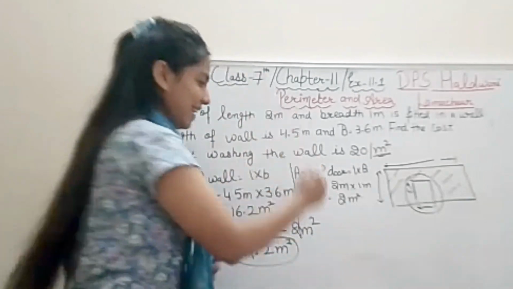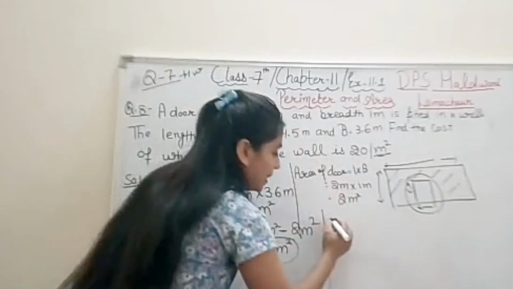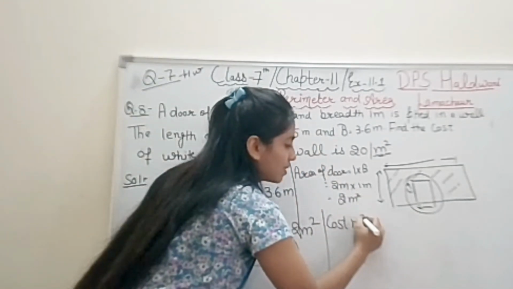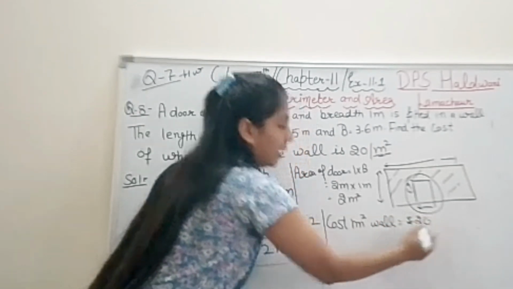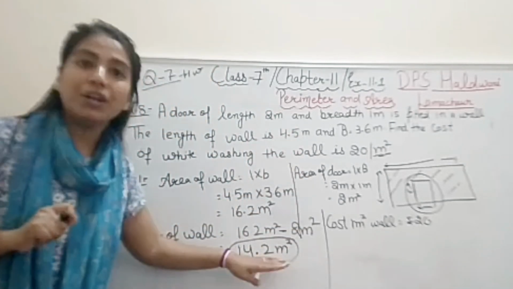Very simple, student. Now you have the cost for 1 meter square. It means the cost to whitewash 1 meter square of wall is rupees 20. And how much area do you need to whitewash? 14.2.